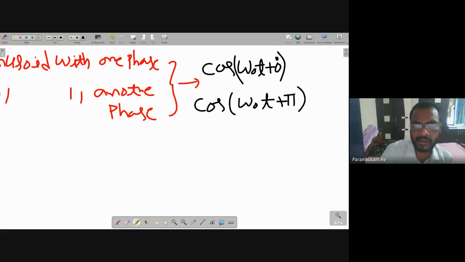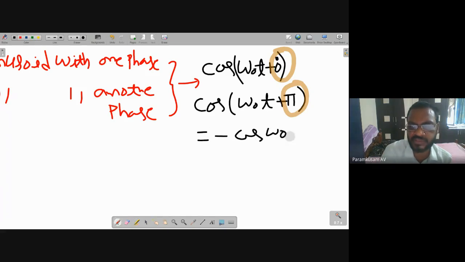In one case the phase angle is 0 degrees, in another case the phase angle is pi. Cos omega naught t plus pi can be written as minus cos omega naught t. Here I have not written the amplitudes, root over 2 EB by TS and everything. For understanding purpose, I just neglect those amplitudes.